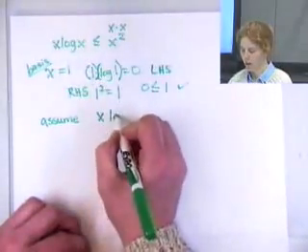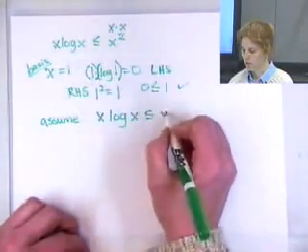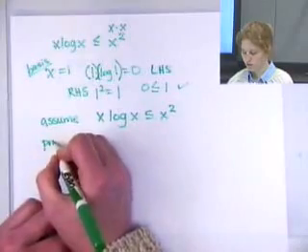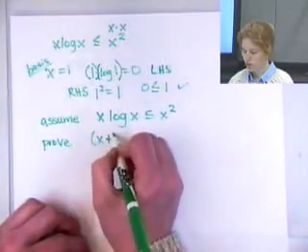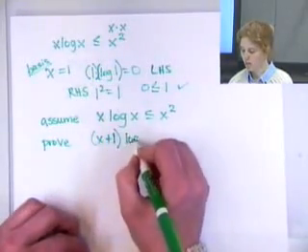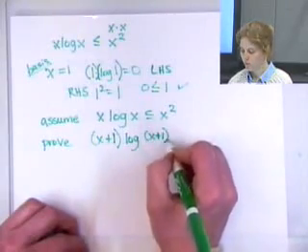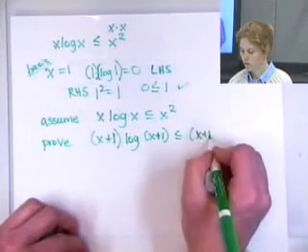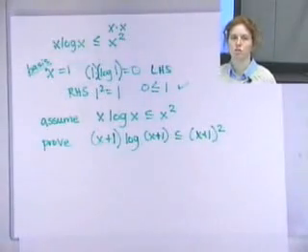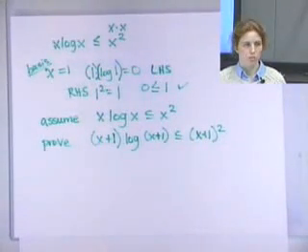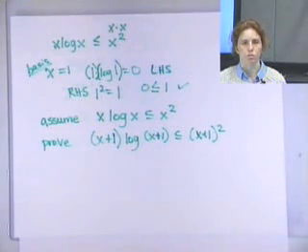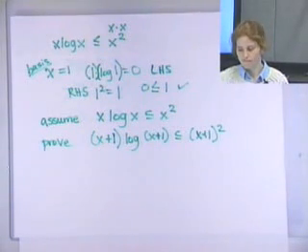I assume that x log x is less than or equal to x squared. Just like my regular induction, I replace all my x's with x plus 1. Be careful about that right-hand side. With the square, you have to put x plus 1 inside the square. It's not x squared plus 1, it's x plus 1 quantity squared.